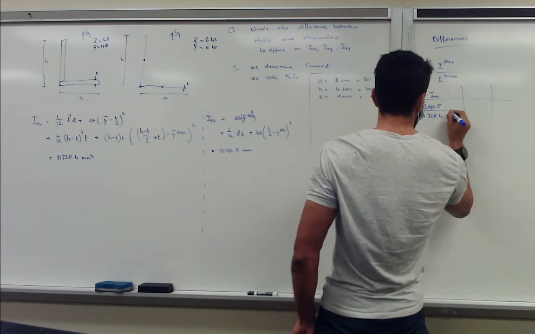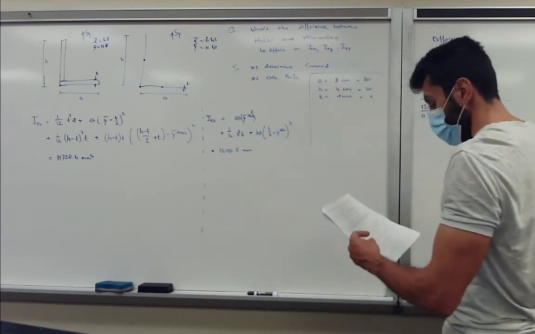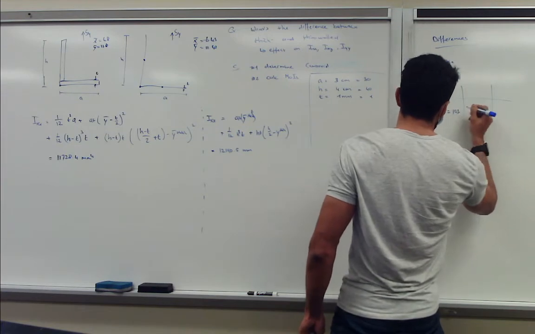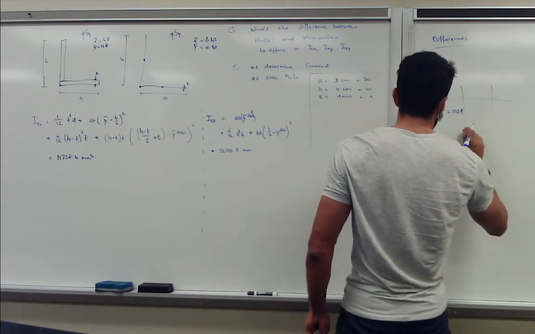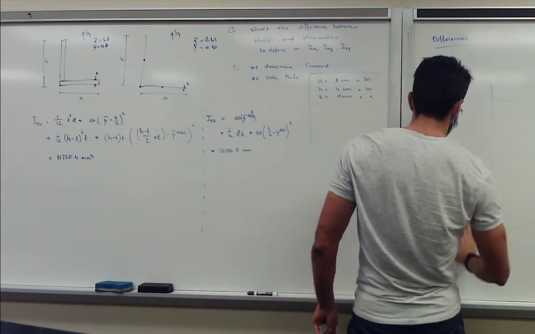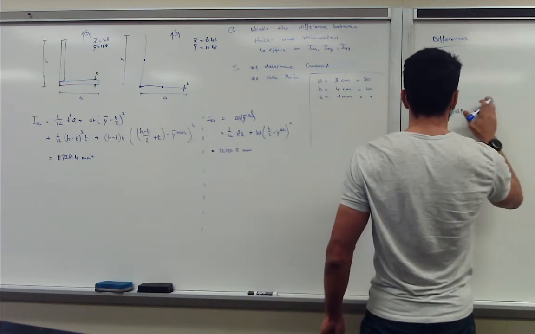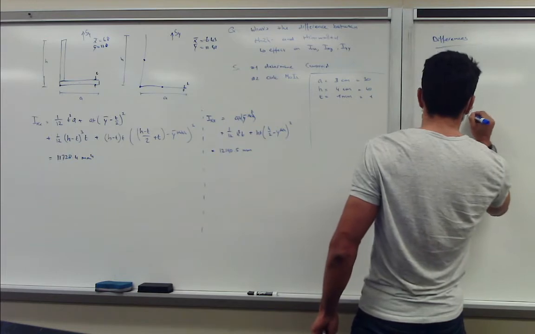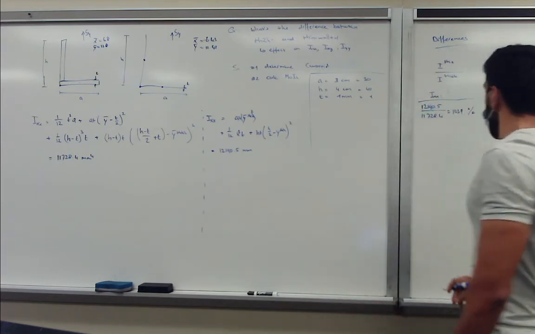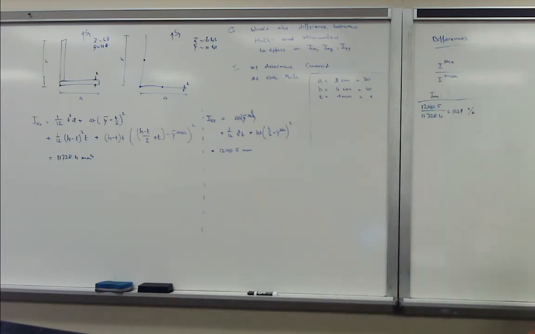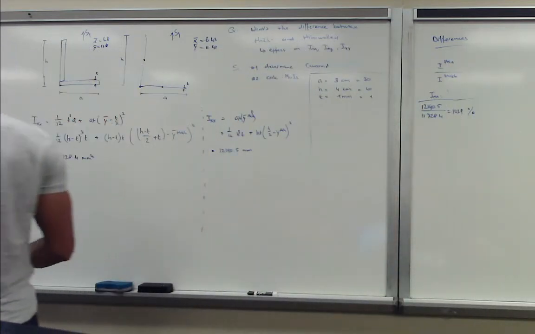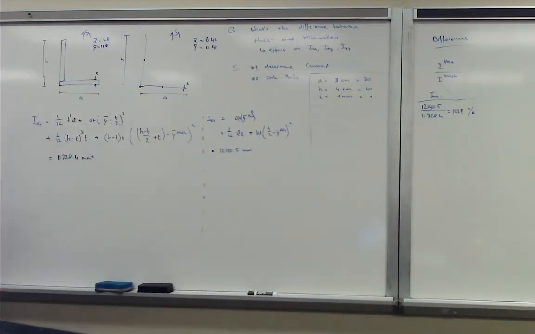If you do this, you get 1.03, and multiply by 100 to get a percentage. So basically a 3.9% difference.